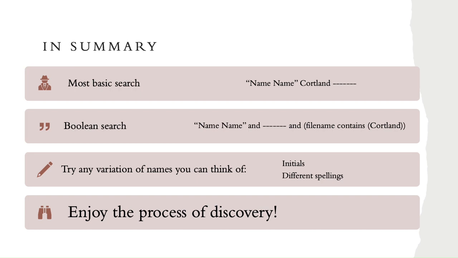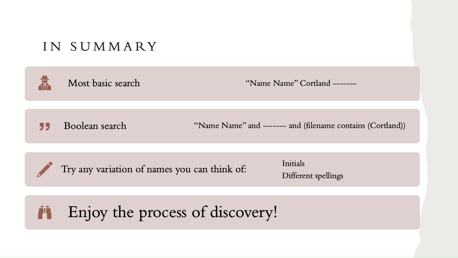So in summary, once again, for the most basic search, the most important thing that you can remember is to put names in quotes, and then add additional modifying terms to help narrow your search down. When using a Boolean search, the same principle applies with putting names in quotes. This time you do have to add the term "and" in between any additional terms that you add.